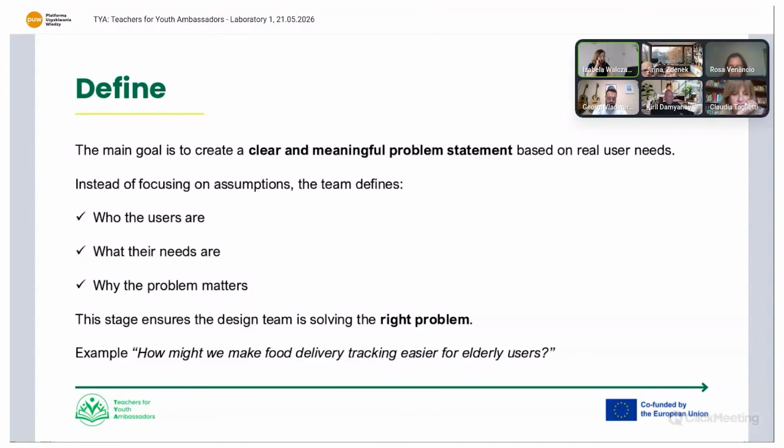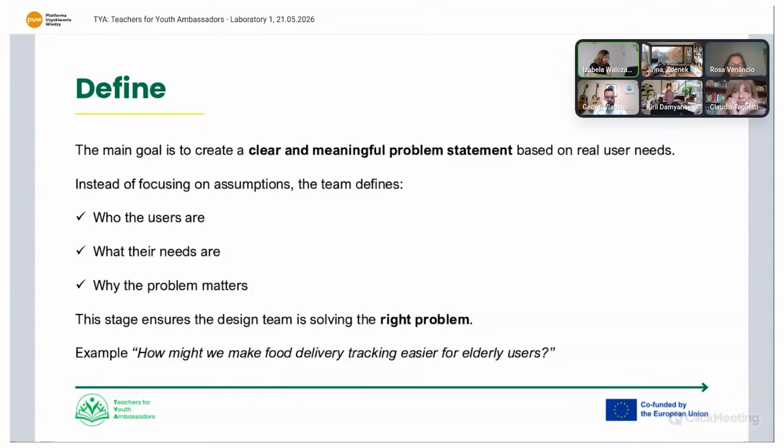Okay, and here we've got an example of the output of the define phase. It's about a food delivery application. And the problem is: how might we make food delivery tracking easier for elderly users? This was one of the examples of this problem. So they said, certain users, senior users of the application, have this problem of finding information in the application.